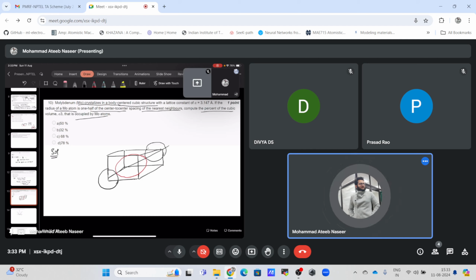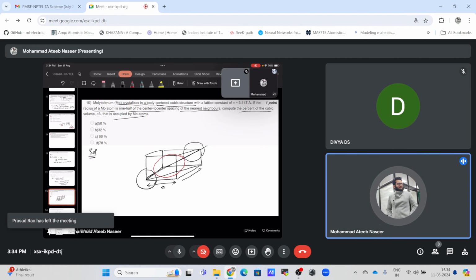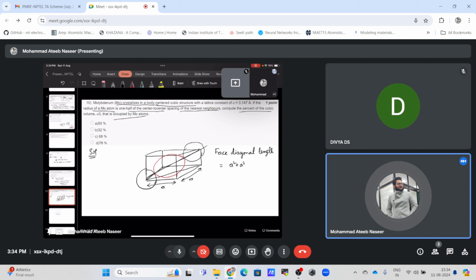Since this is the body diagonal, this is the face diagonal, and this is the lattice spacing a. Therefore the face diagonal length is simply a square plus a square under root, it is root 2a.